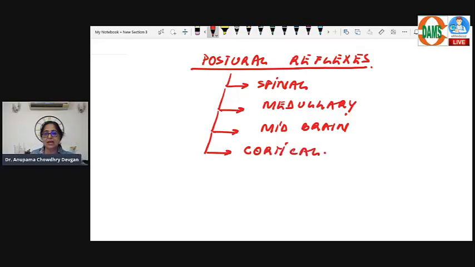Let's discuss this very interesting and high yielding topic. Straightforward one-liners have come from postural reflexes in the last 3 years. A simple thing is asked: which reflex is integrated where? So the areas are spinal, medullary, midbrain, cortical.